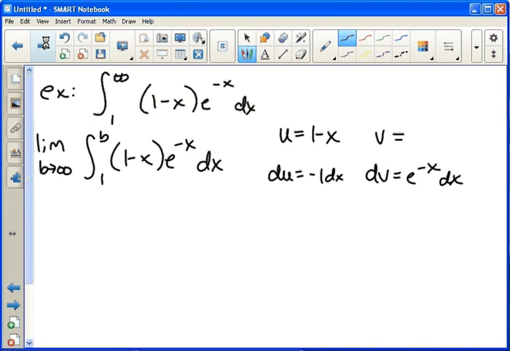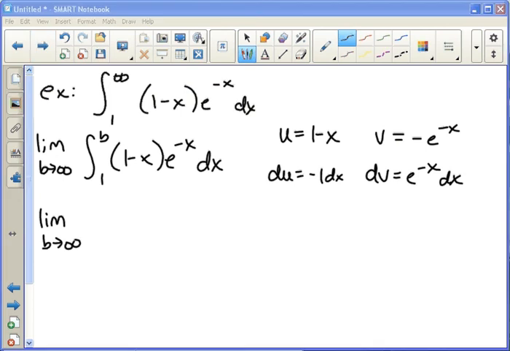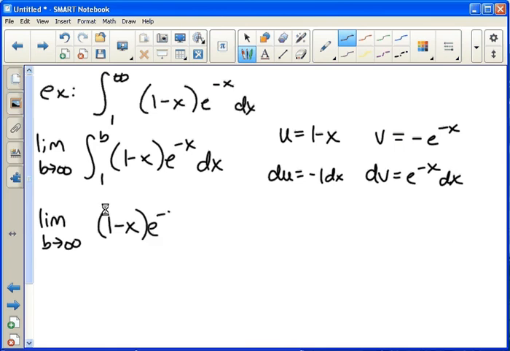So we're going to end up with the limit as b approaches infinity of u times v. Got a negative there, sorry. Minus the integral of v times du. So that's going to be a positive e to the negative x, because we have these two negatives here. They're going to cancel each other out.